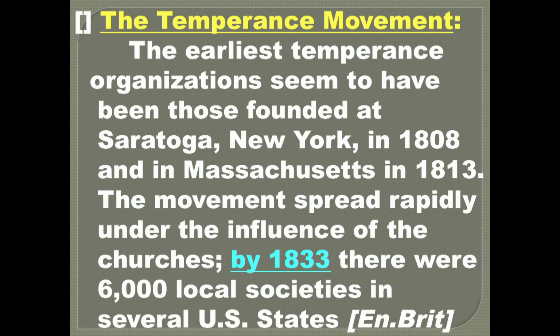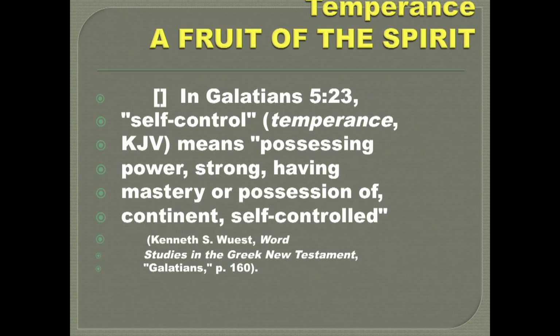Now, the earliest temperance organizations seem to have been those found at Saratoga, New York in 1808, and in Massachusetts in 1813. The movement spread rapidly under the influence of the church. By 1833, there were 6,000 local societies that were promoting temperance.